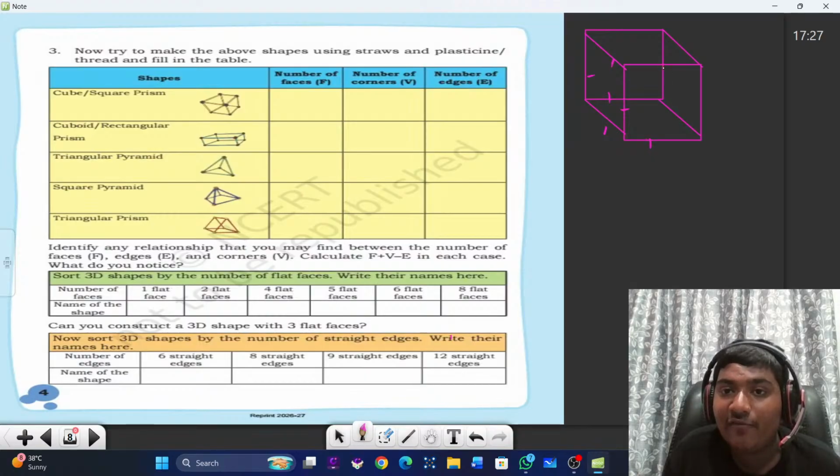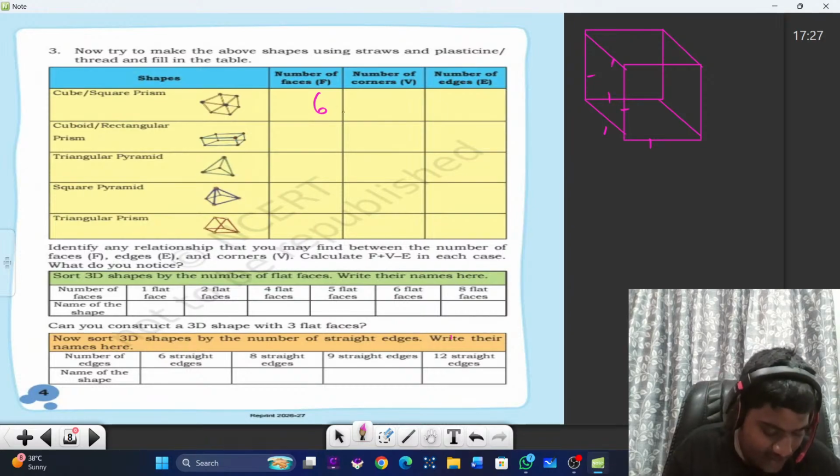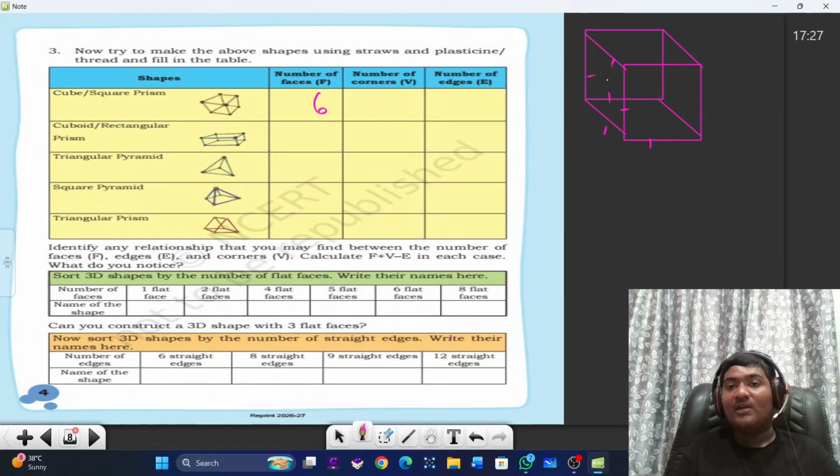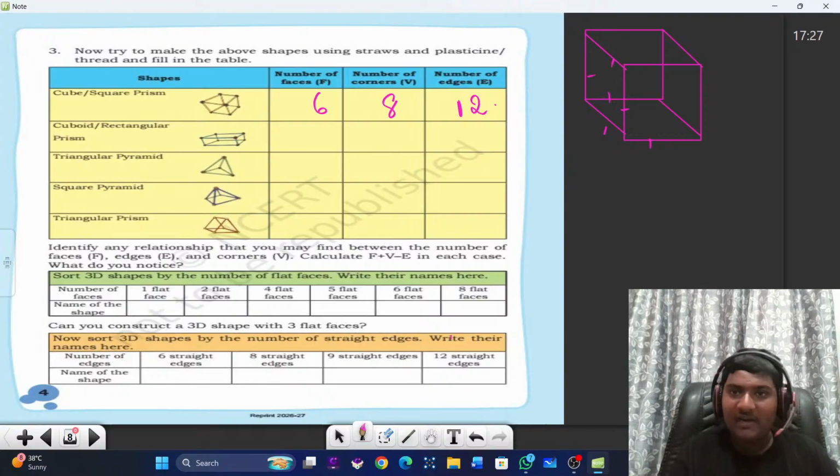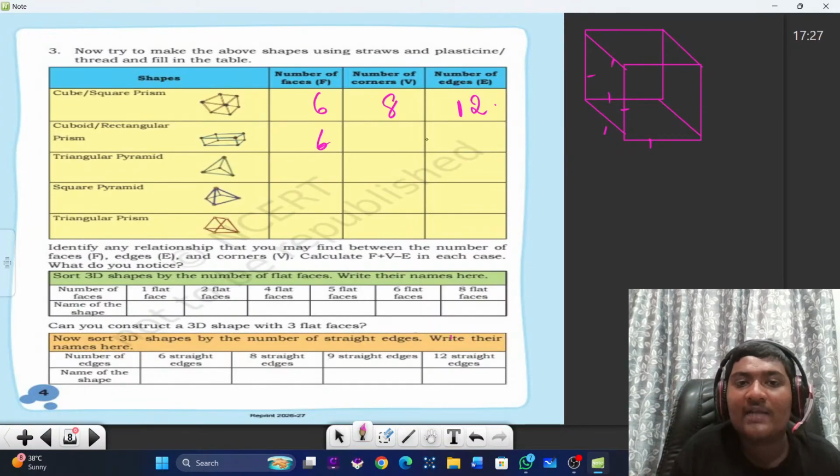One, two, three, four, five, six. We have six faces. How many corners? These are six and there are two. Eight corners. And also we have 12 edges. Cuboid is also the same thing, but we have to extend it in a rectangular way. Answer will be 6, 8 and 12.